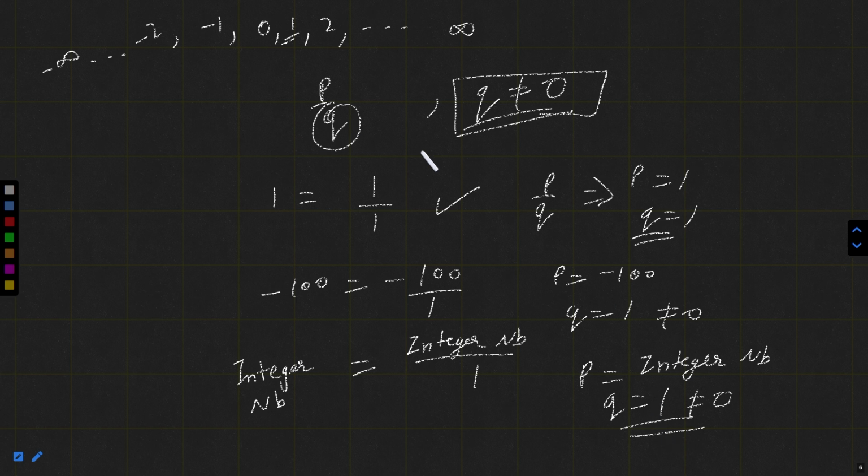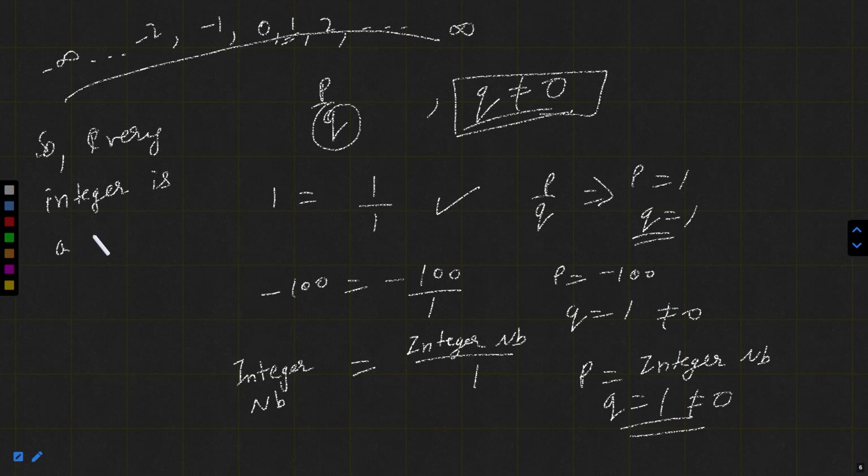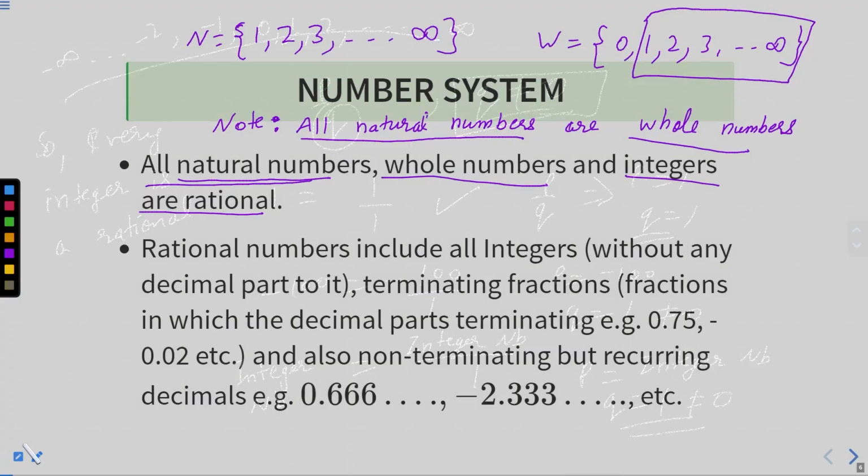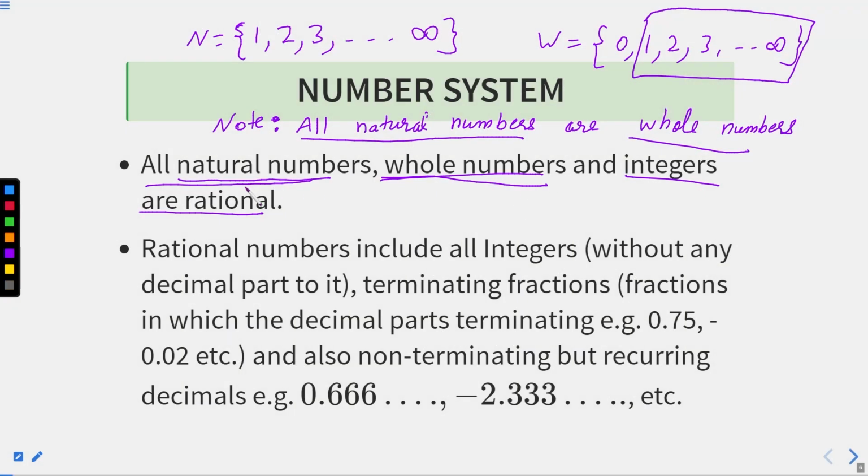So it satisfies all the conditions for a rational number. So every integer is a rational. Clear? So from this we can say all whole numbers are also rational, and all natural numbers are also rational.